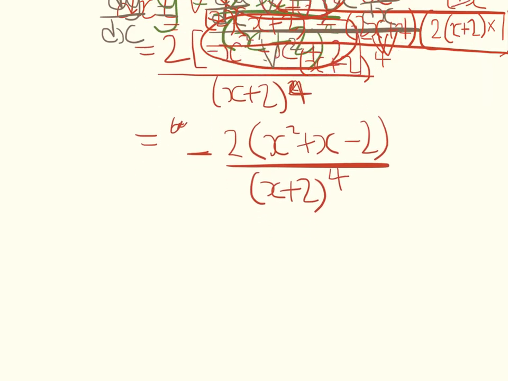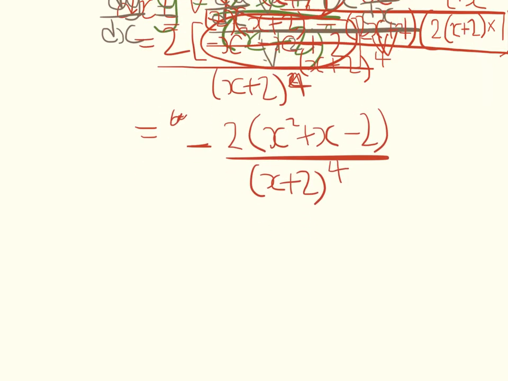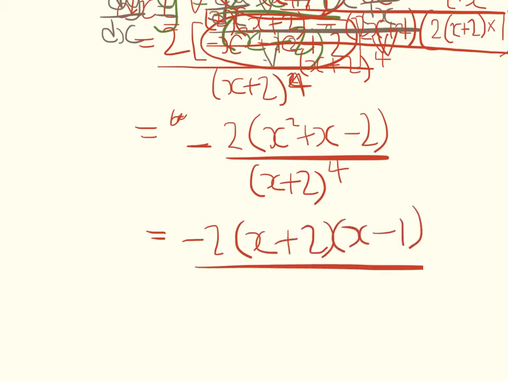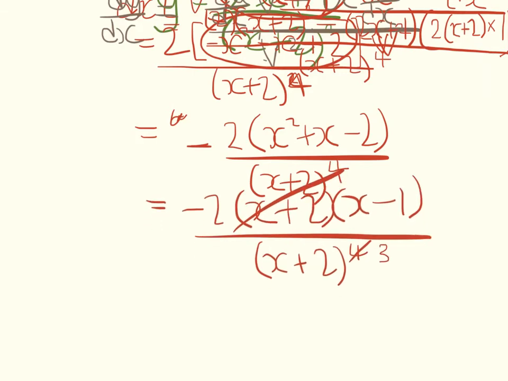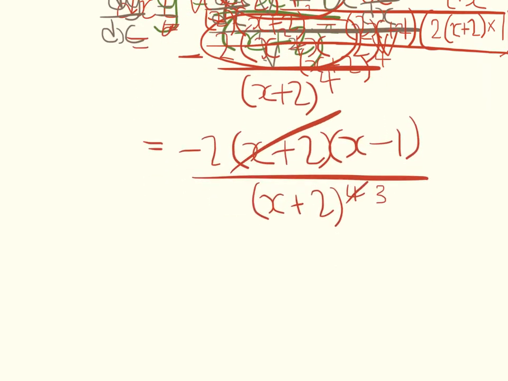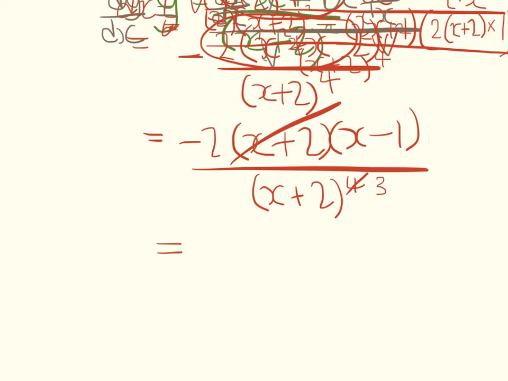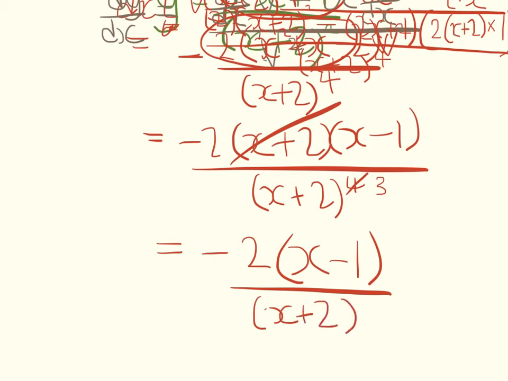And then we can factorise that top bit to x plus 2, x take 1 all over x plus 2 to the power of 4, and we can cancel that with one of those, so then that gives us minus 2 times x take 1 over x plus 2 to the power of 3.